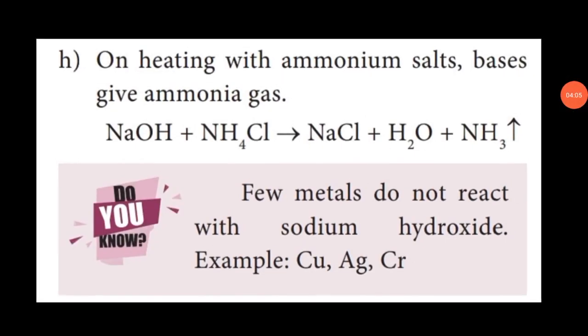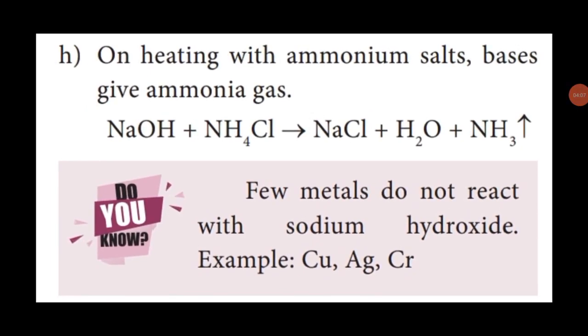The last property of base is on heating with ammonium salt, bases give ammonia gas. Base example sodium hydroxide, NaOH, reacts with ammonium salt, formula NH4Cl. It gives ammonia gas, formula NH3.